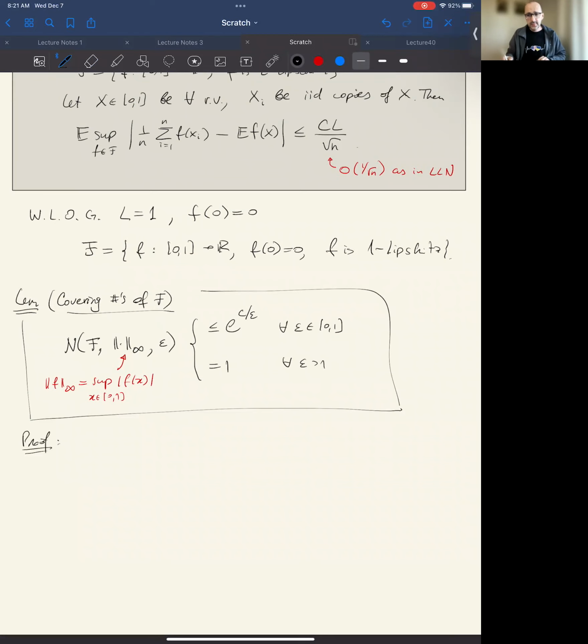The proof is simple. It's very geometric. First of all, in the trivial range, if epsilon is greater than 1, let's see why the problem becomes trivial. Because f of x, you can think of it as f of x minus f of 0, because f of 0 was assumed to be 0. But f is 1-Lipschitz, so the 1-Lipschitz assumption gives this. And x is less than 1.